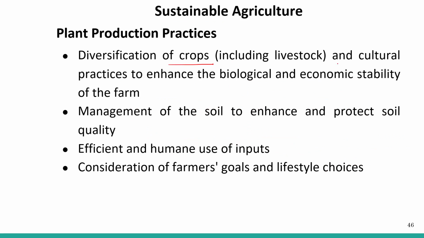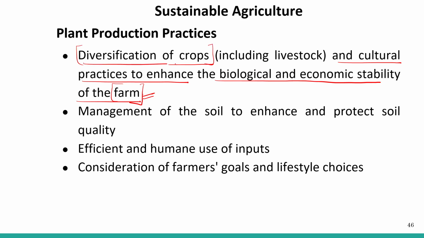Diversification of crops, including livestock and cultural practices, to enhance the biological and economic stability of the farm. If we are growing with diversification of crops, this includes livestock. If a farmer has a number of livestock, then there will be a lot of farm-based manure.